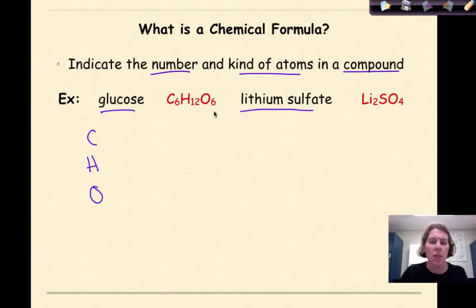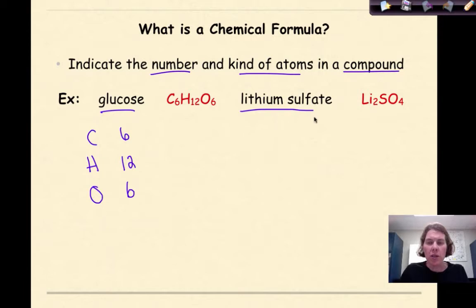And the subscripted numbers right here tell me the mole ratio of atoms that make up this particular compound. So in this formula for glucose, I would need 6 carbon atoms, 12 hydrogen atoms, and 6 oxygen atoms in order to take those atoms with those numbers and put them together in some type of structure.